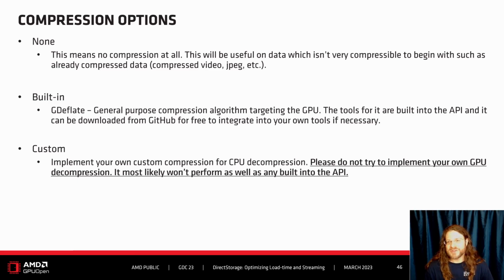The tools for it are built into the API, and it can be downloaded from GitHub for free to integrate into your own tools if necessary. And then there's custom decompression, which enables you to use your own type of decompression for the CPU. It is advisable to use this potentially for CPU bound resources. However, please do not try to use this to implement your own GPU decompression.